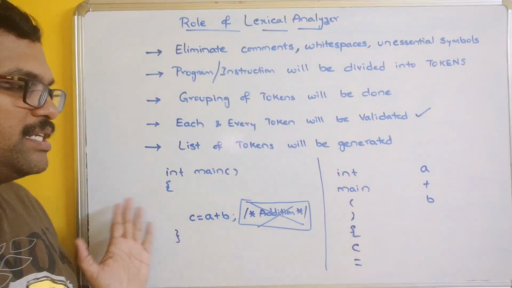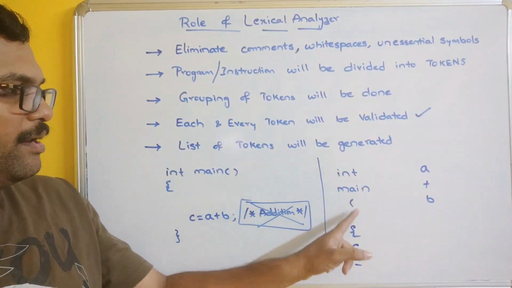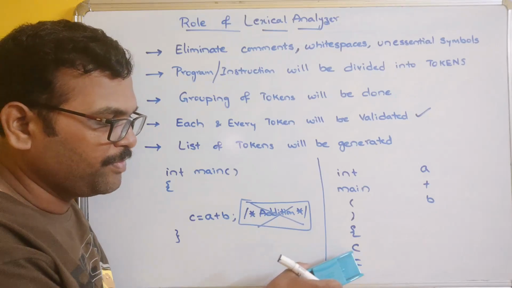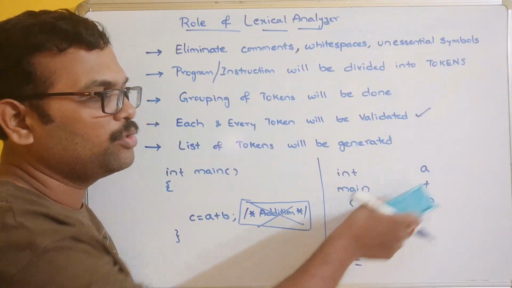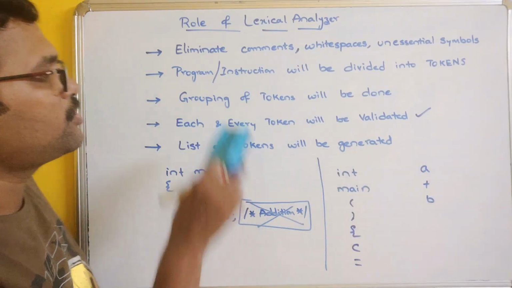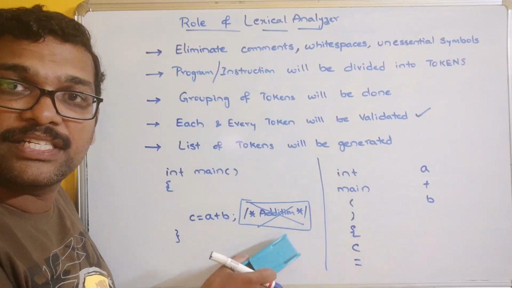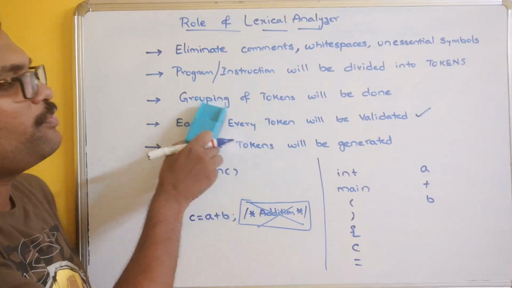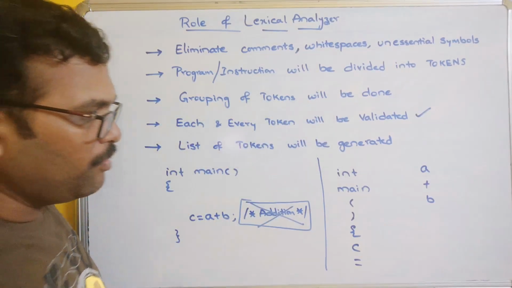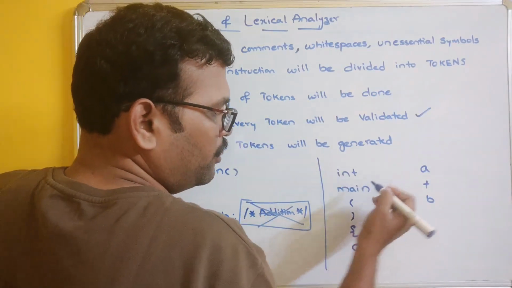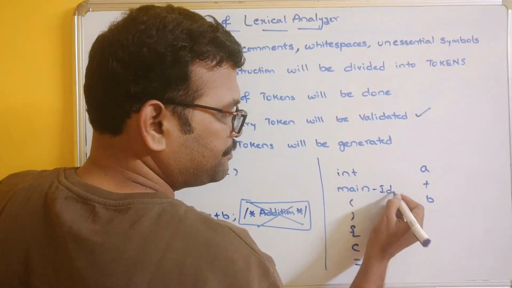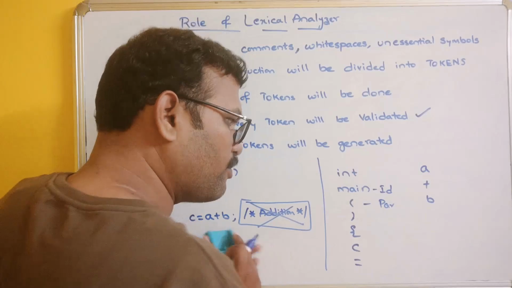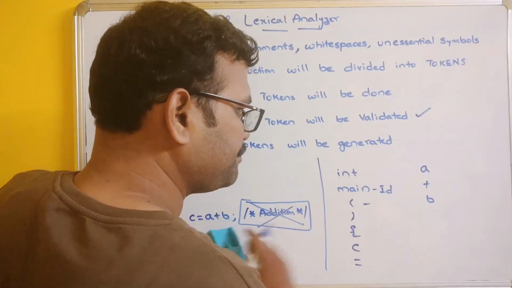So these are the different tokens in our program: int, main, open parenthesis, closed parenthesis, curly braces, c, equal to, a, plus, and b. This is the second step. The first step was eliminating the comments. And the next one, grouping of tokens will be done. What are the groupings? You can say this is an identifier, this is a parenthesis, or we can say it is a symbol.